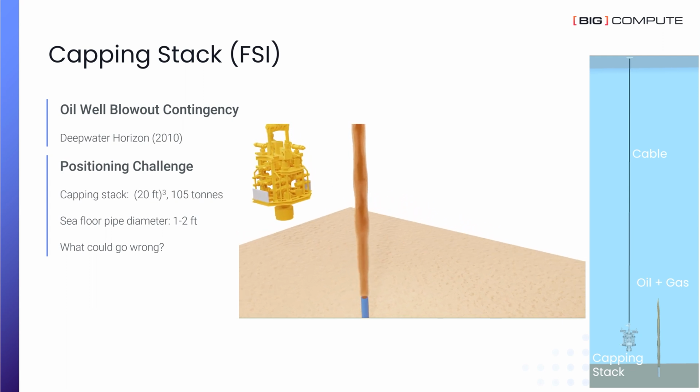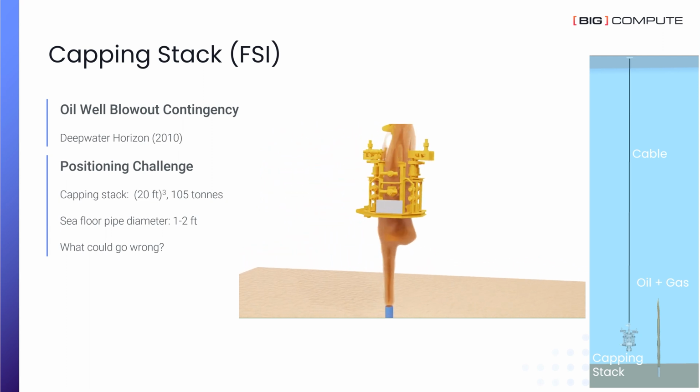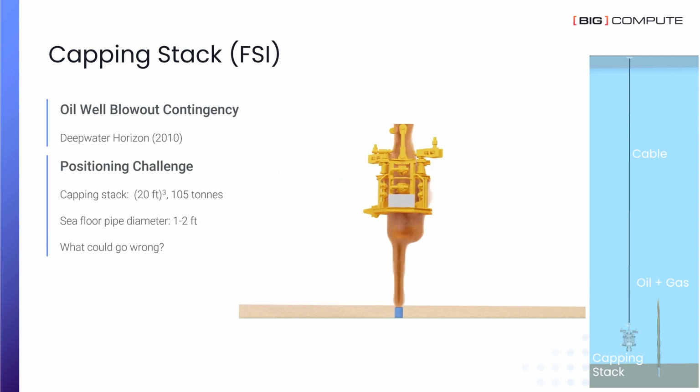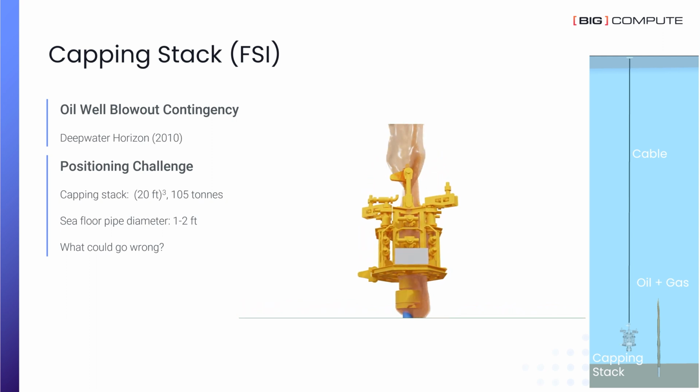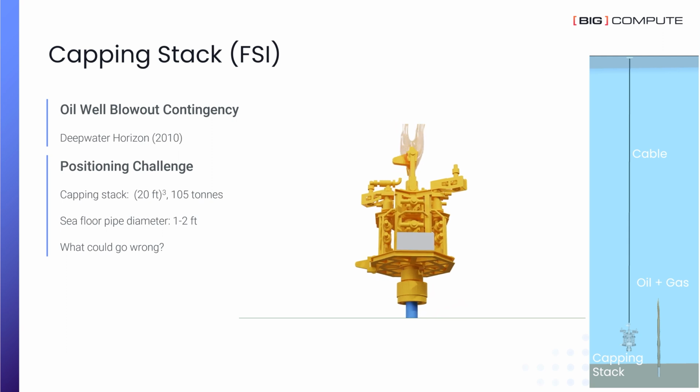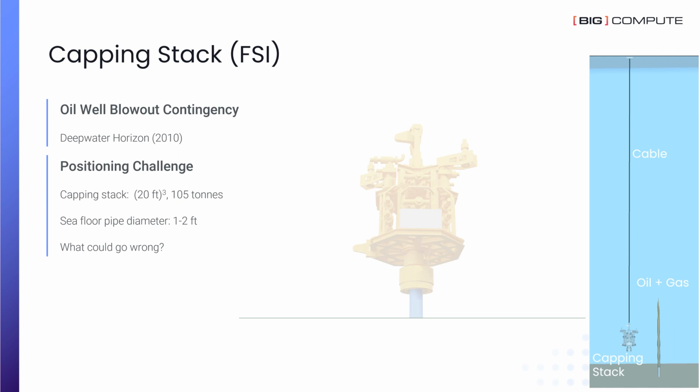So we can simulate this to understand how difficult it is to move the capping stack into position. We're running a fluid structure interaction here. We've got the cable moving up at the surface, and then the capping stack down at the depth follows it. And we move it over the wellhead and then position it on top of the wellhead.